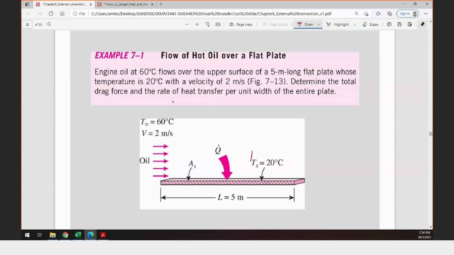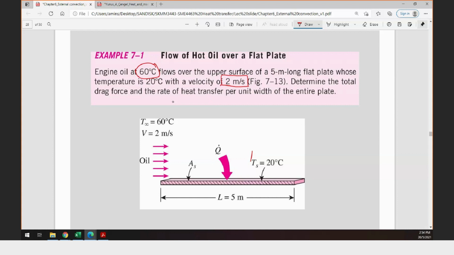You have some surface, probably the piston surface, and you have some oil passing through this surface with a certain velocity of 2 meters per second and a temperature of 60 degrees Celsius.